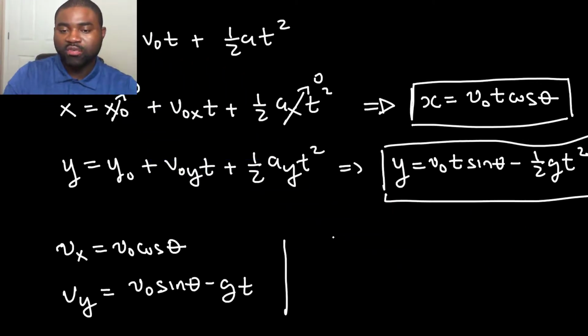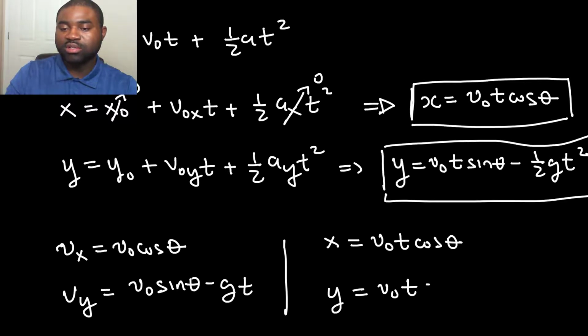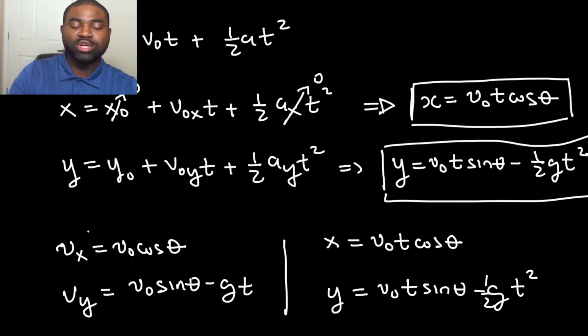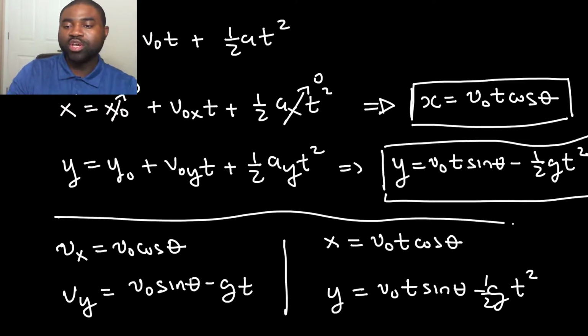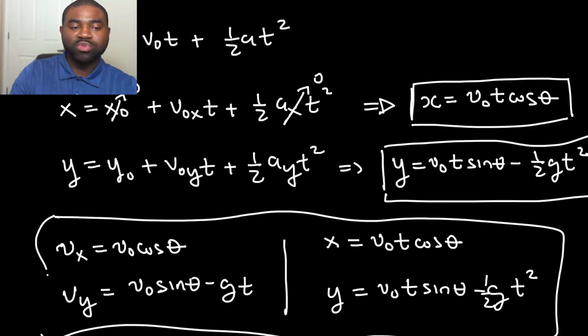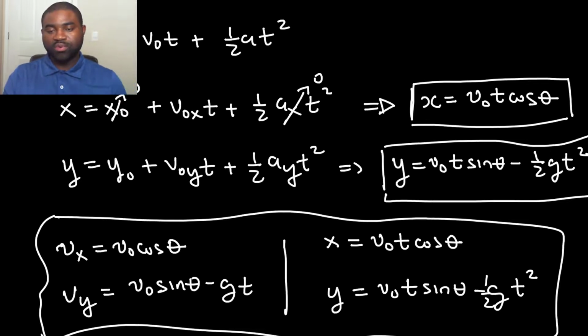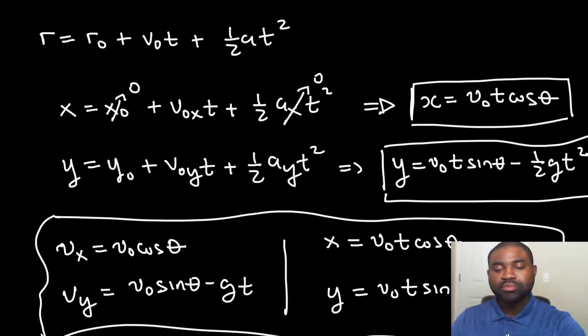And then you have x equal to V naught t cosine theta, and you have y equal to V naught t sine theta minus 1/2 gt squared. So with these four equations, I can guarantee you that you will solve almost any problem that I will give you in this course. So let's go ahead and calculate the maximum height.